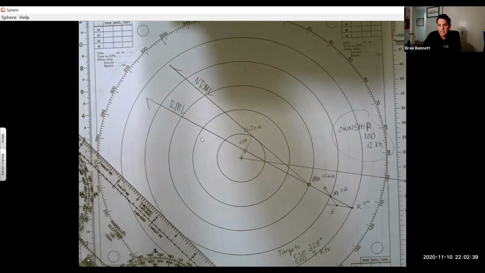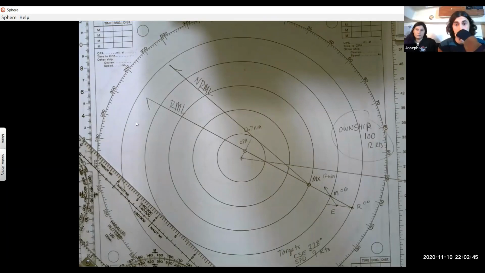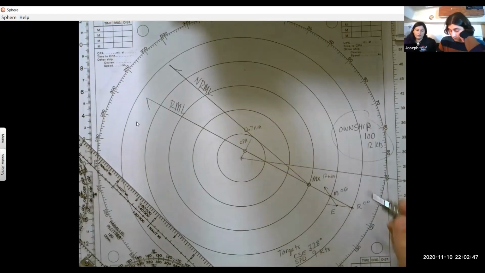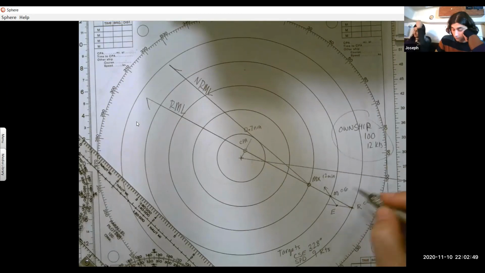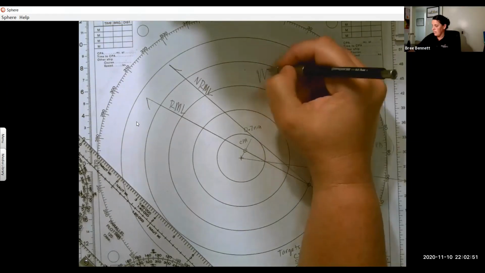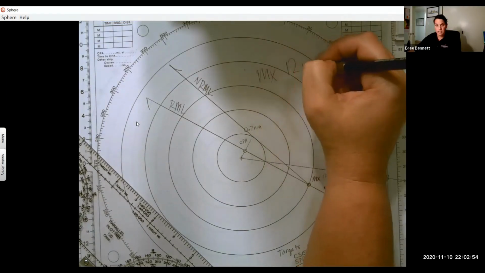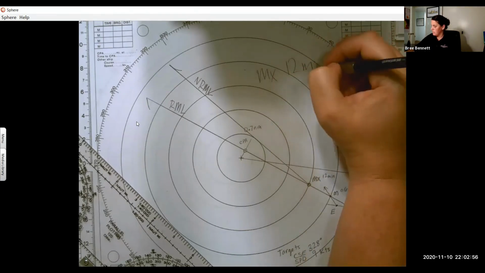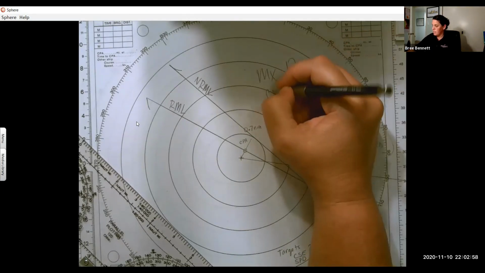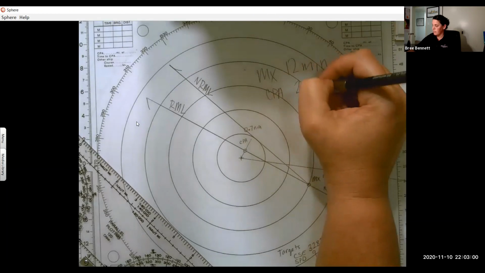So go ahead and get a MX and a new relative motion line. Our MX was 12 minutes. Our CPA was 2 nautical miles.